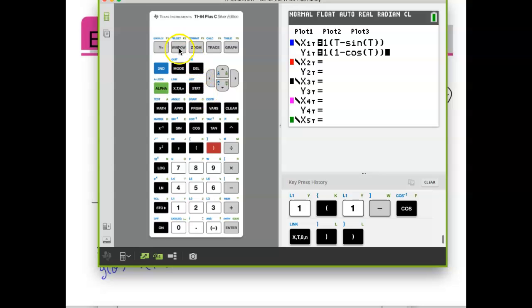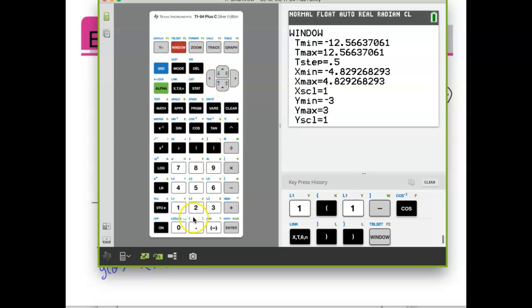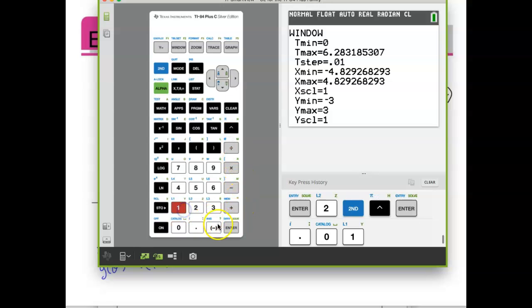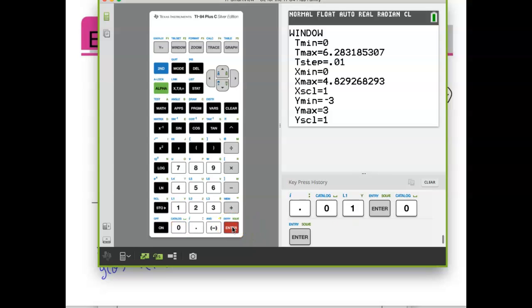Okay. And if we look at our window, let's say I just let it roll for one rotation, one cycle, so that's just going to be 0 to 2 pi. I'm going to make my t-step smallish. And then I'm just going to start looking at the origin. Now the highest it'll ever go is 1, right?